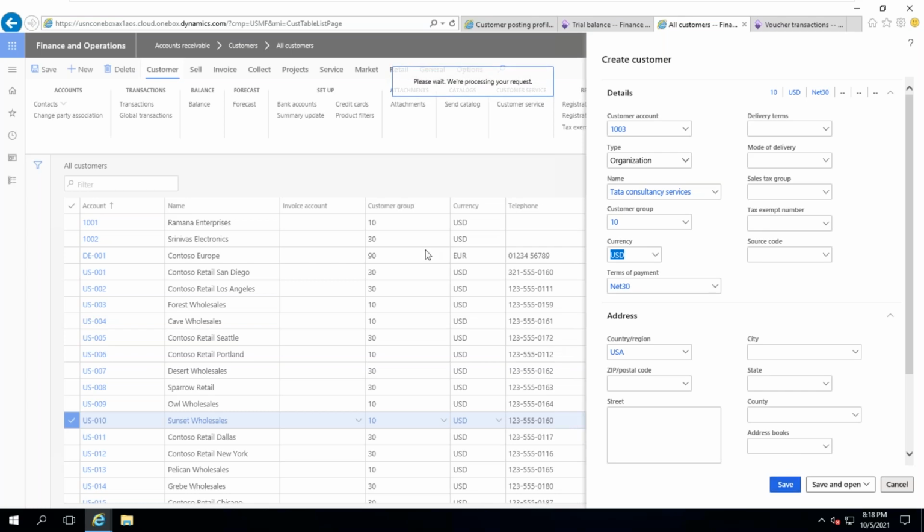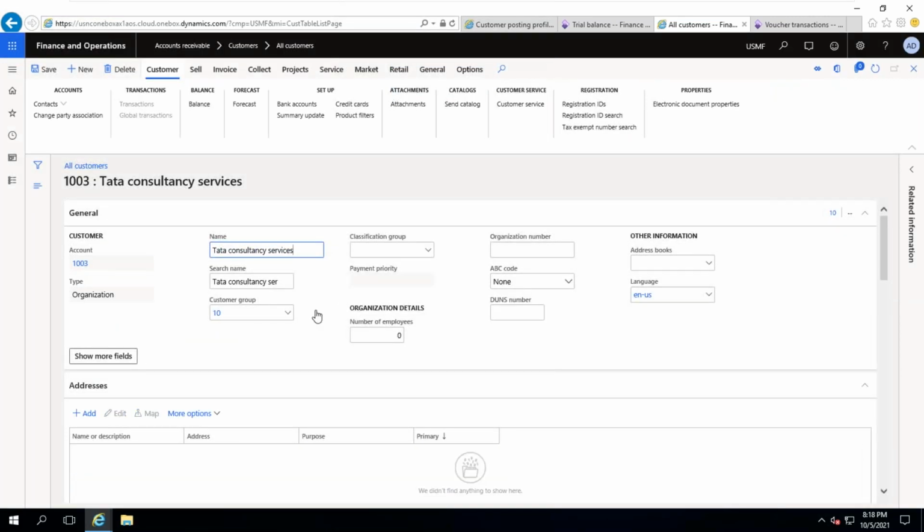I don't want, so one second, let me map 30 here. Give me a minute. I'm mapping to 30.